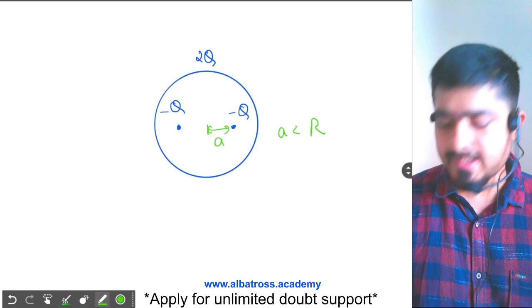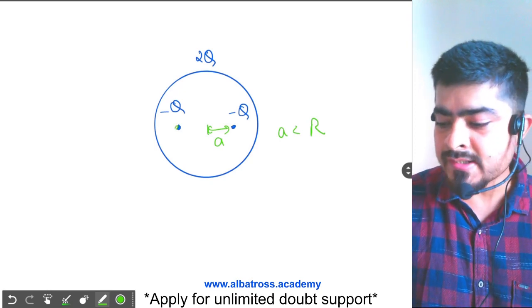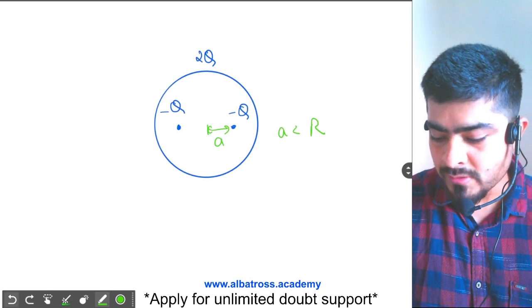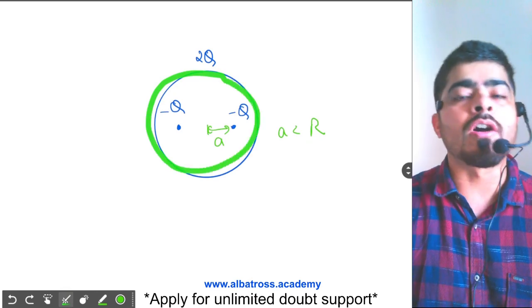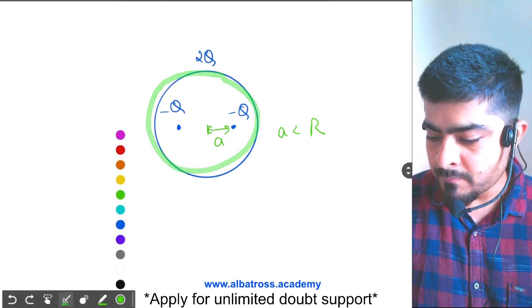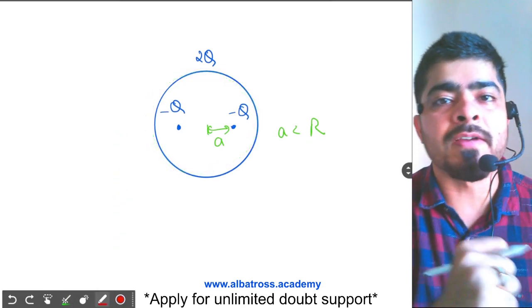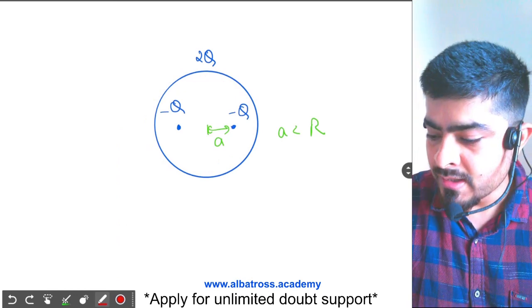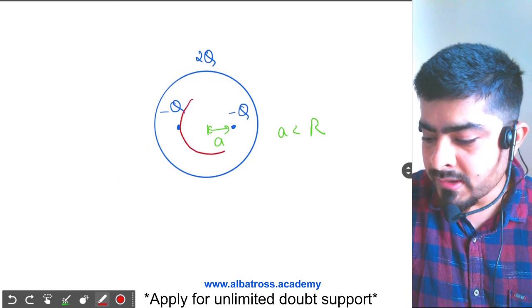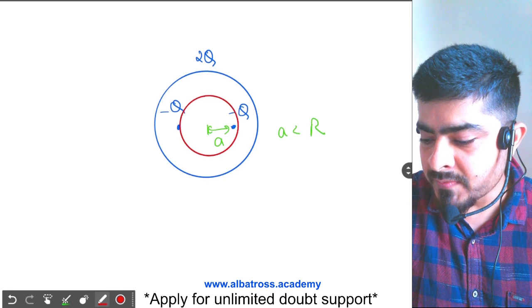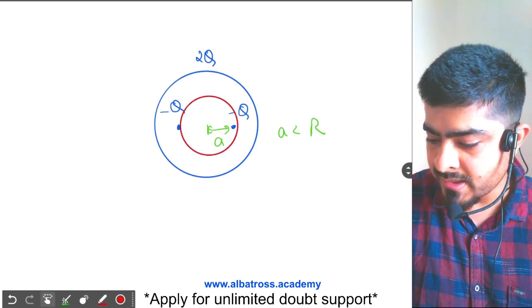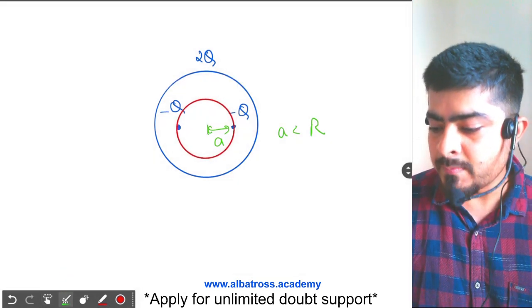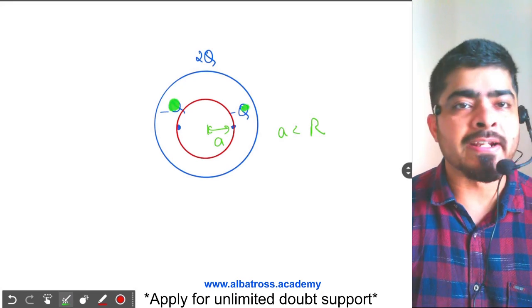Now, again understand something. If the charges are kept over here, then what is the force applied by the sphere on the charges? If you remember the properties of a solid sphere with charge distribution, only the charge inside this sphere will be able to apply force on the negative q charges.